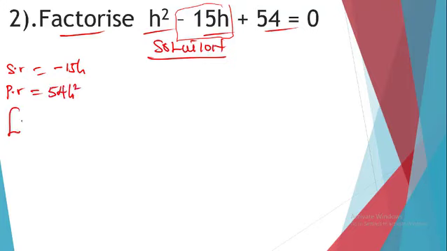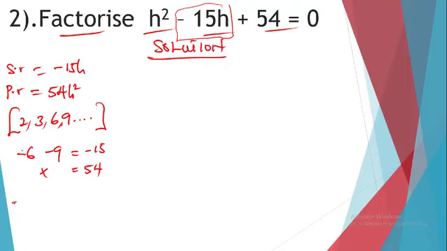Then we'll find the factors of 54, which includes 2, 3, 6, 9, and so on. You agree with me that minus 6 minus 9 will give us minus 15, right? And minus 6 times minus 9 will give us 54.